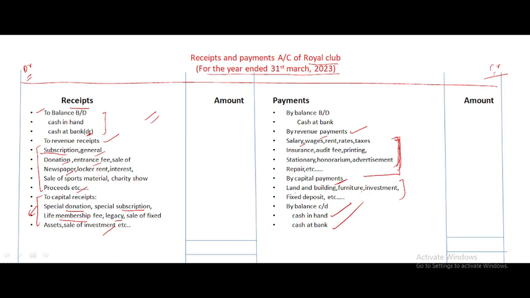Okay. This is the format of receipts and payment account, and now we are going to solve the first question of receipts and payment account. Here we go. First question 1A, from the following information, prepare receipts and payments account of Royal Club Ranchi for the year ended 31st December 2023. And we have information: cash on 1st Jan 2023. This is the opening balance of cash.